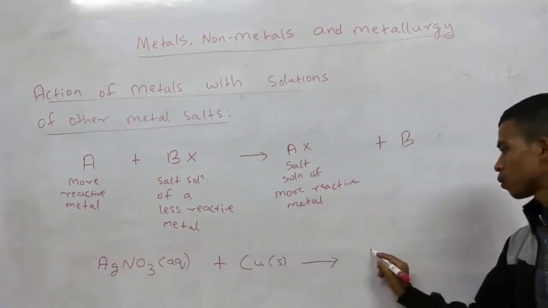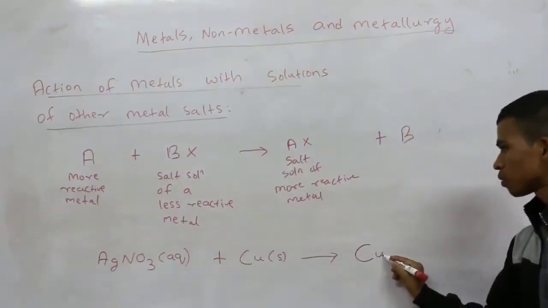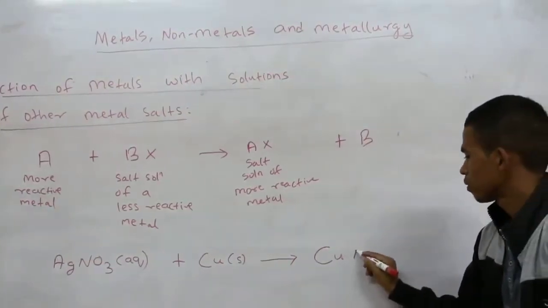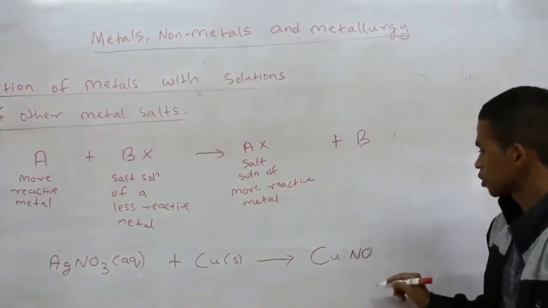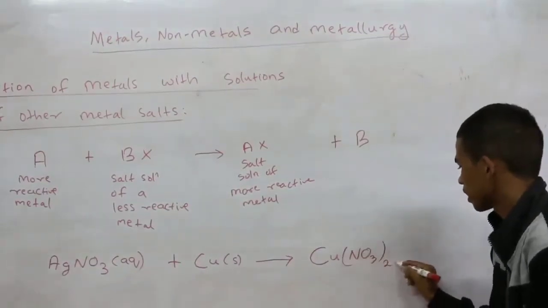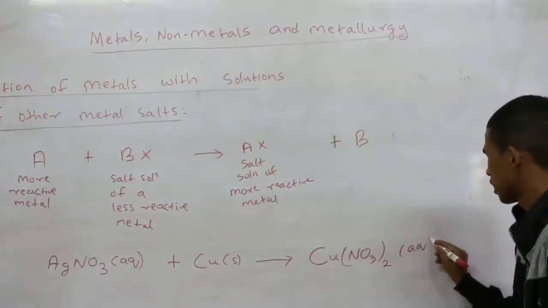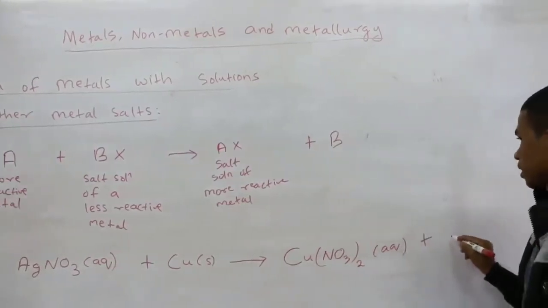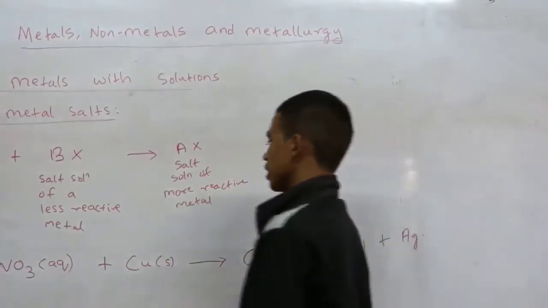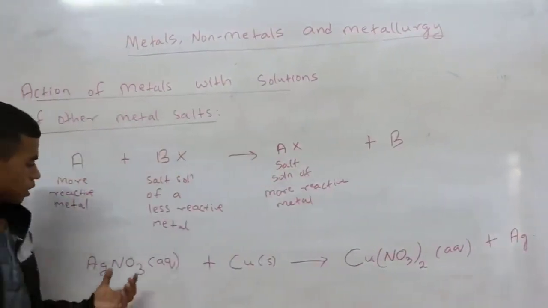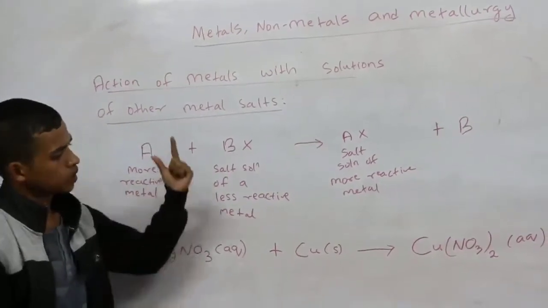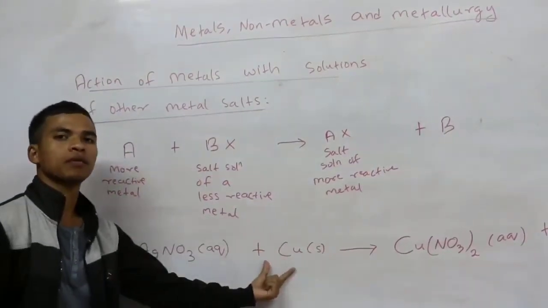So this copper will displace the silver from its salt solution. So we will get this salt solution of copper, which is copper nitrate, and silver.